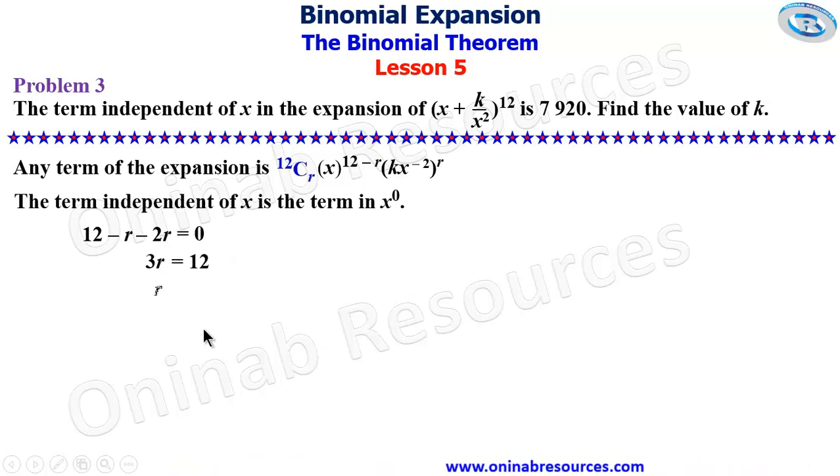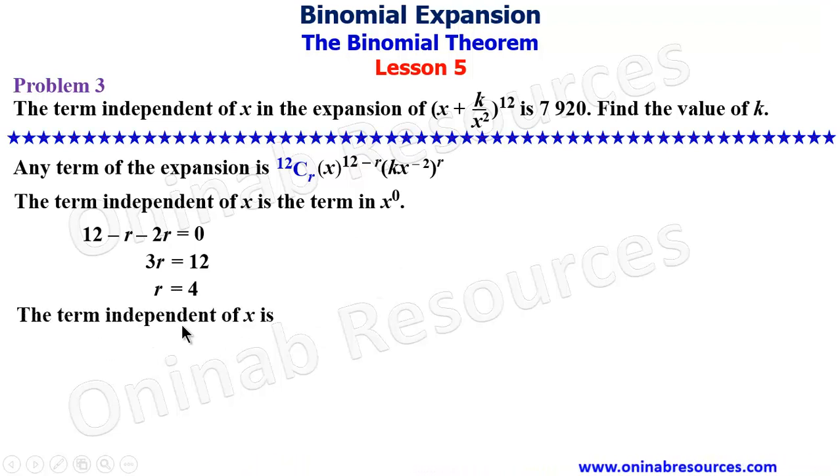So from here, r is equal to 4. The term independent of x is the numerical part here, which is 12 combination 4, k raised to power 4. And we are told it is equal to 7,920 as it is given in the problem.